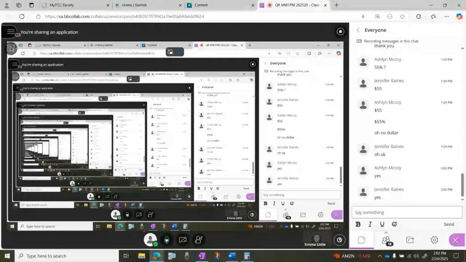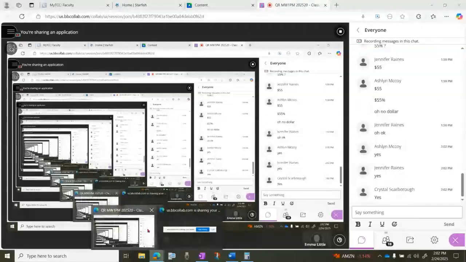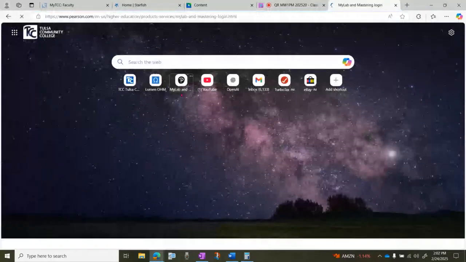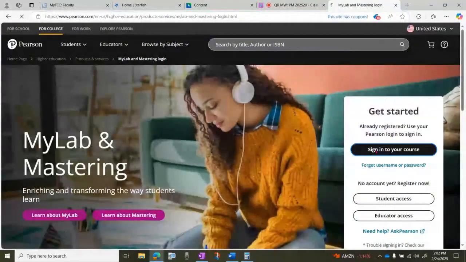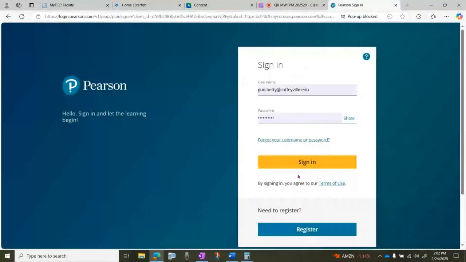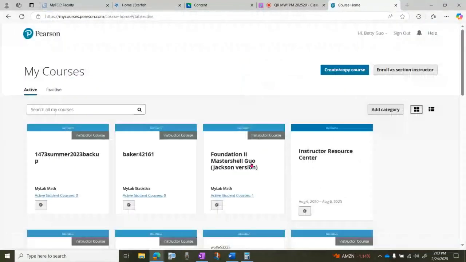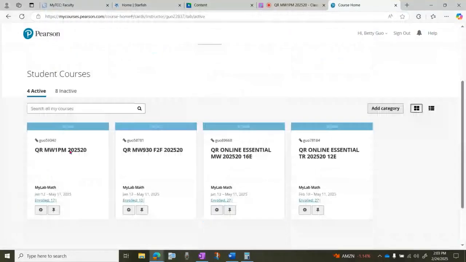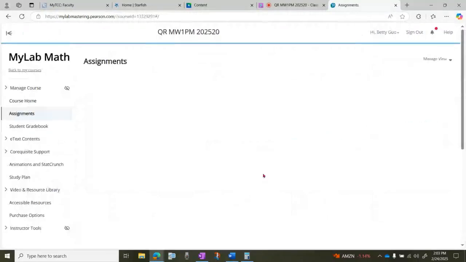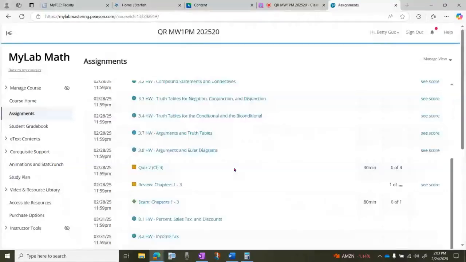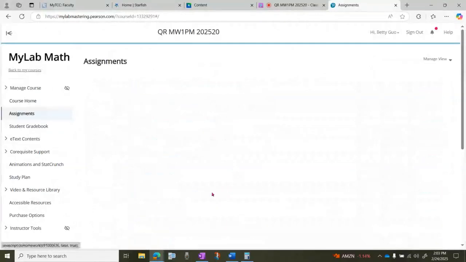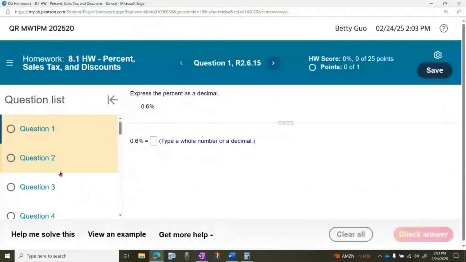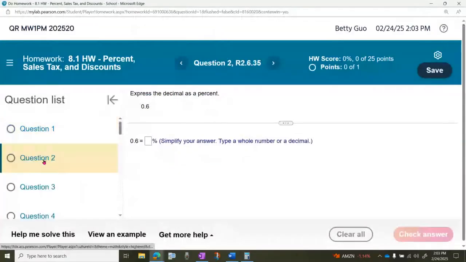Okay. I need to find a problem in Pearson, because there are always students asking about that problem. Let's see which problem. The problem is a bar graph.